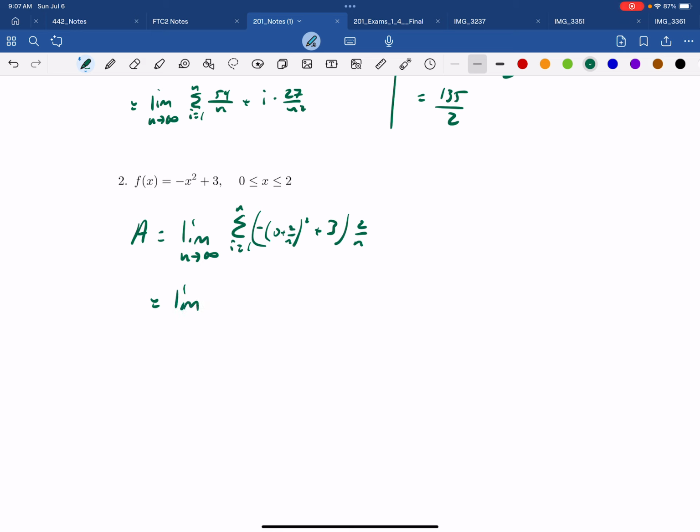And then this is going to be the limit as n approaches infinity of the sum from 1 to n of negative 4 over n squared plus 3. And then this is all times 2 over n. And then we get the sum from 1 to n of negative 8 over n cubed plus 6 over n.